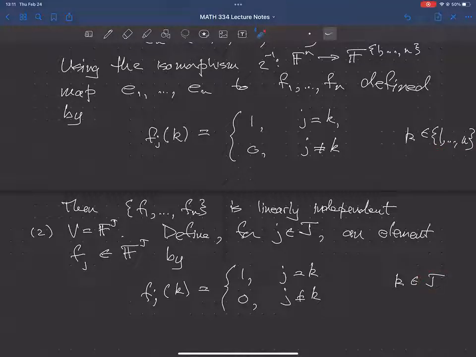This is exactly analogous to what I did up here, except there are now not necessarily finitely many of these vectors. There may be countably many, or there may be uncountably many, depending exactly on how big J is.